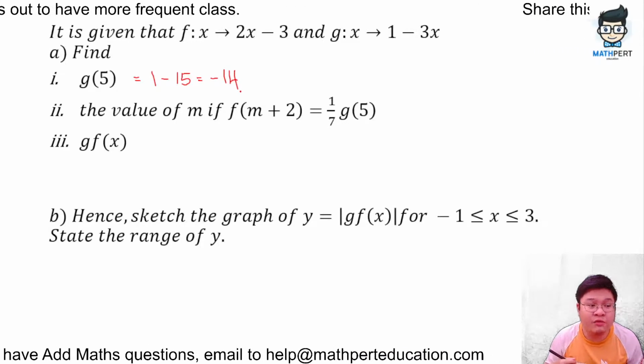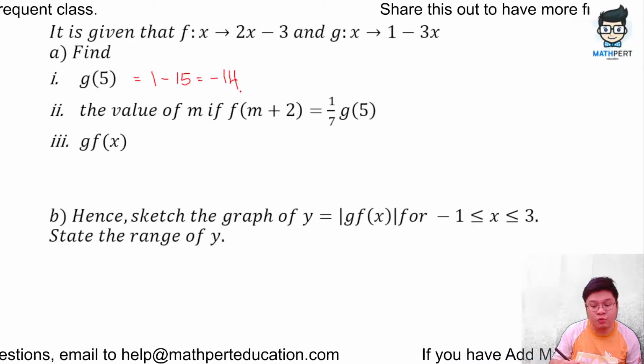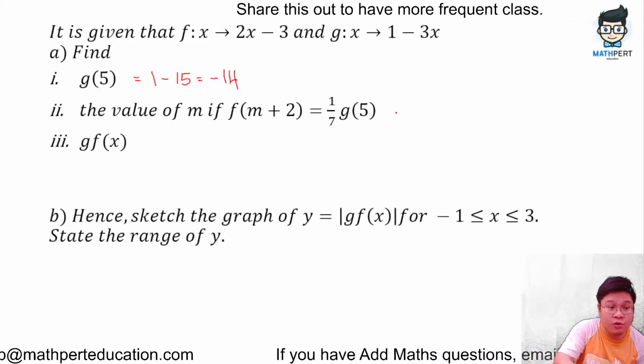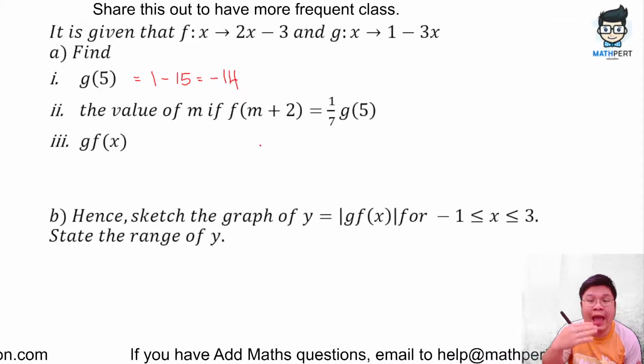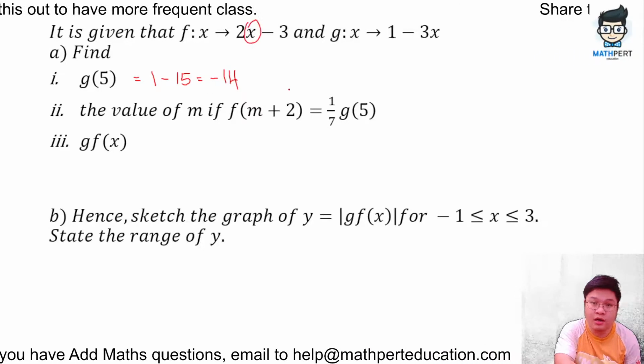Okay, find the value of m if f(m plus 2) equals 1 over 7 g(5). Alright, so f(m plus 2) means that we substitute m plus 2 into the x over here.